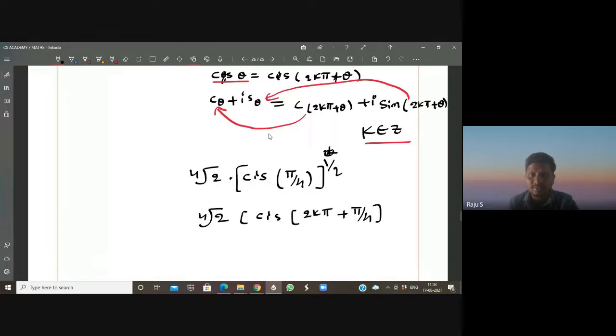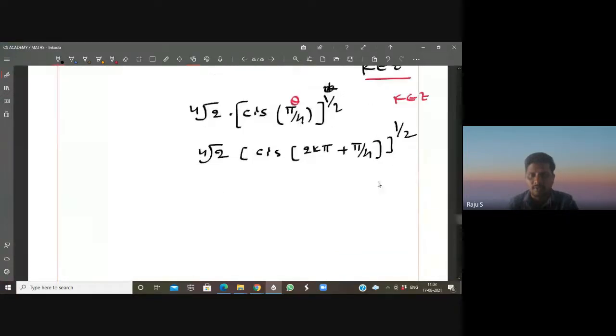Yes, cis theta can be written as cis 2k pi plus theta. This is the general solution for every k belongs to Z. Fine, students. All to the power of 1 by 2. Now you can multiply. This is in the form of cis theta whole power n, which can be written as cis n theta. I want to apply this: this is the n value, this is the theta value.